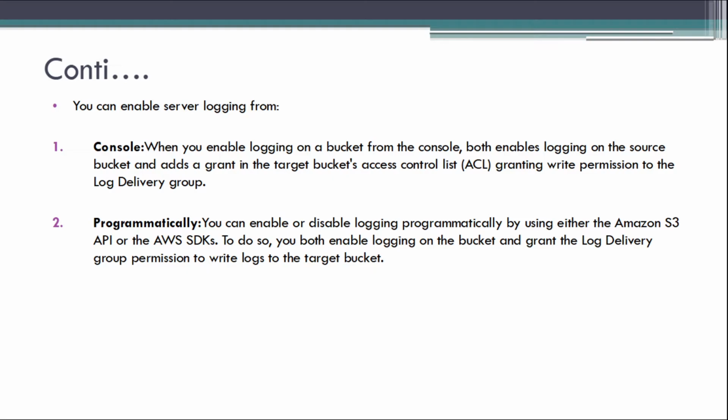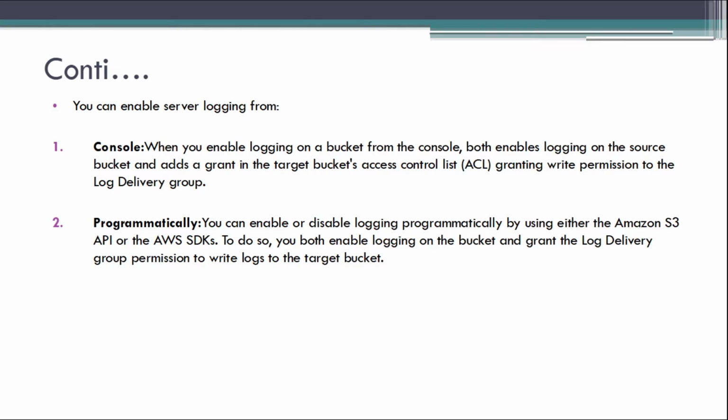If you are using it programmatically, you can enable or disable logging by using either the Amazon S3 API or the AWS SDK. To do so, you both enable logging on the bucket and grant the Log Delivery group permission to write logs to the target bucket. So here it will not automatically grant the ACL permission.